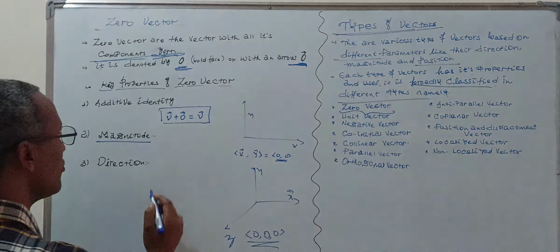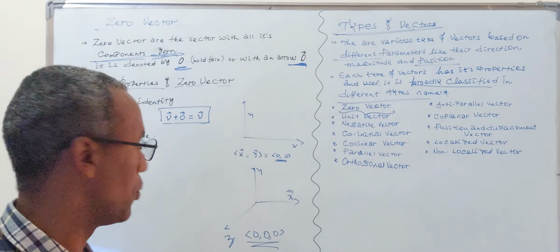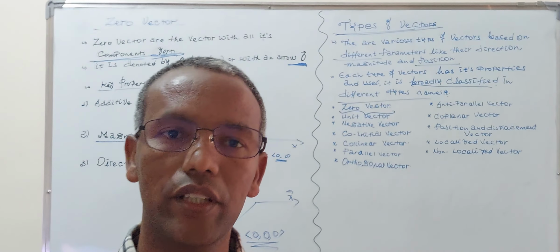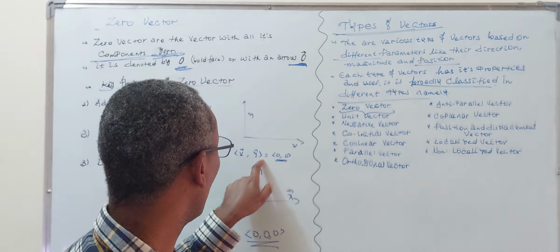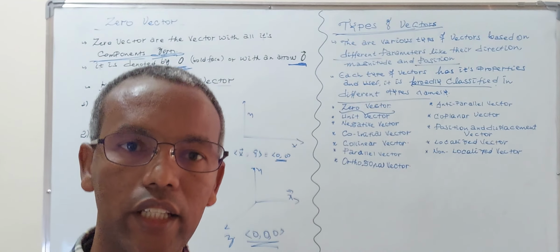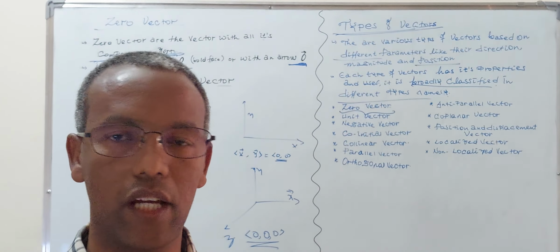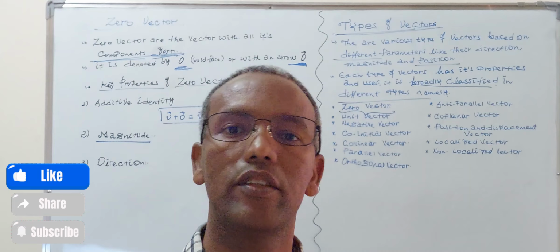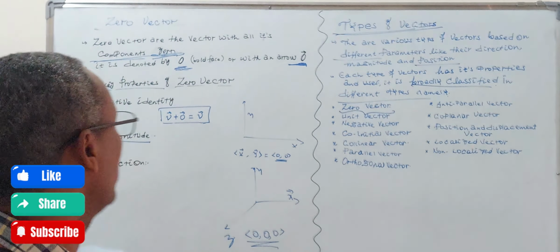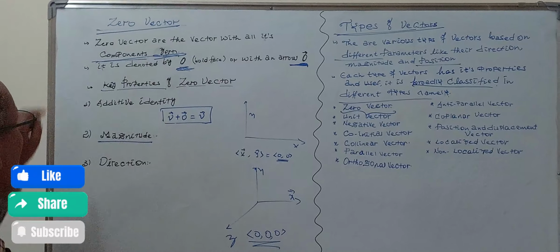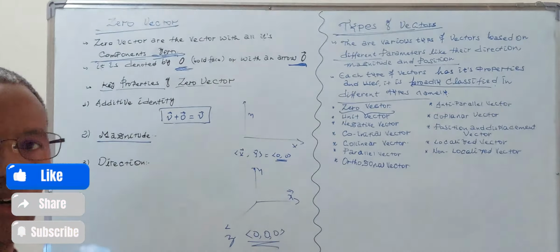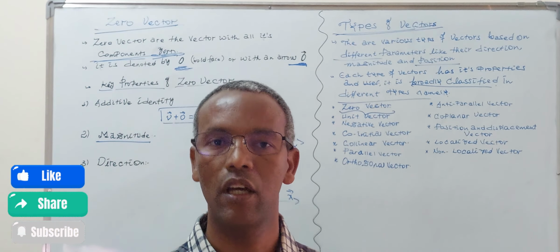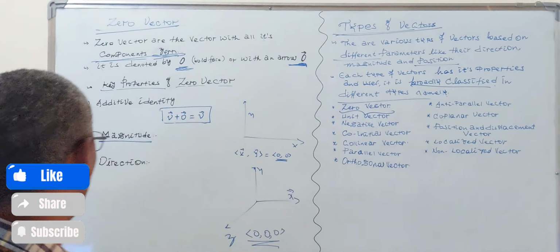Meaning that if you add two vectors, we will see later in an example, if you add two different vectors, x and y, and then the magnitude of the sum becomes 0 at some point, then that vector is called a zero vector. So the magnitude of the zero vector is always 0. Don't forget that point.